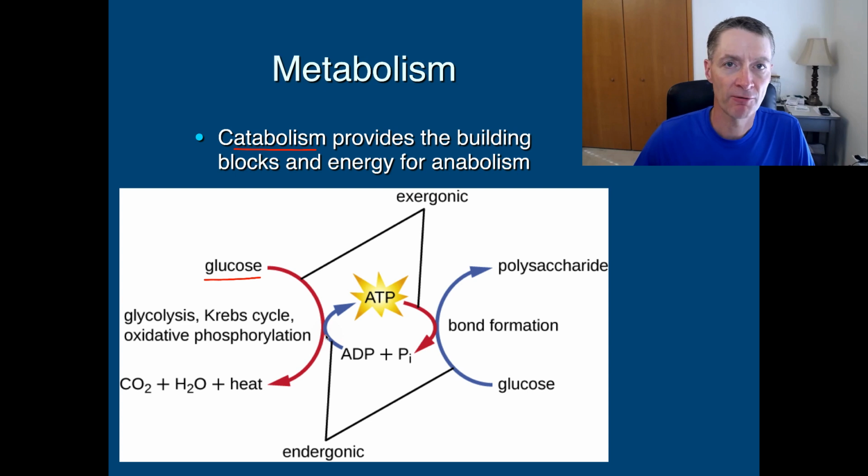The energy from bonds that are broken in glucose can go into forming a bond between a molecule called ADP and a phosphate ion, okay? That would form ATP.